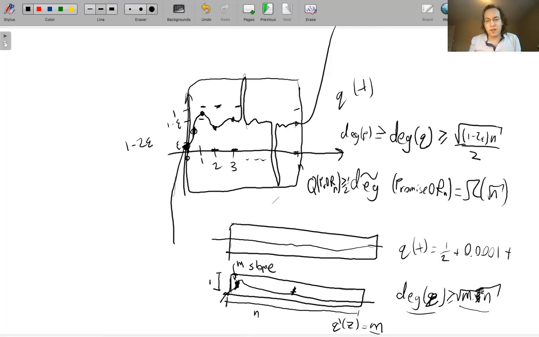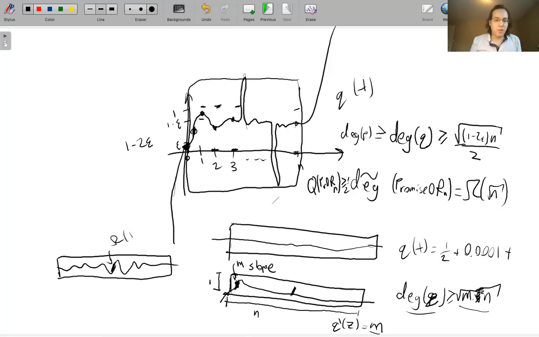So if you have a large slope somewhere in the middle, in other words, if a polynomial stays in a box and has large slope in the middle of the box, then its degree needs to be very high. In particular, if the slope in there is roughly omega 1, then the degree of a polynomial which stays in the box and has slope 1 in the middle is omega n.